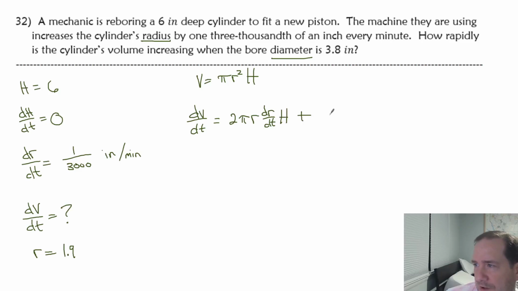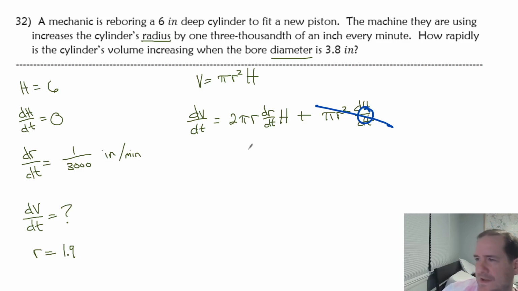Times the height plus pi r squared times dh/dt. All right, so maybe I'll just say right away, because of the nature of this particular problem, dh/dt is 0, that again tells me this whole second term can essentially just drop away, and I only care about the rest of this stuff now.